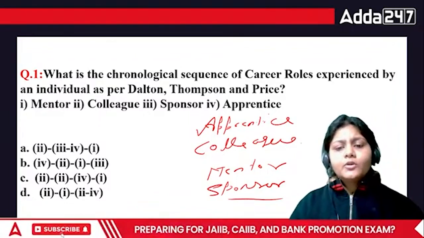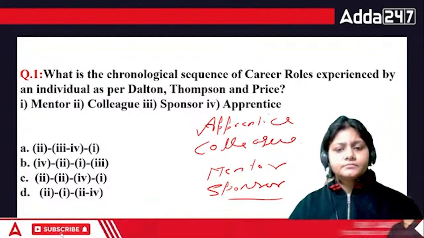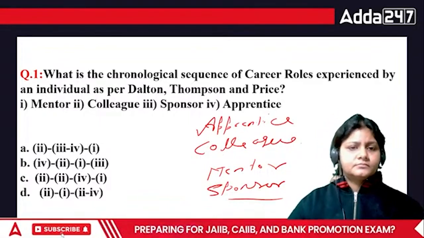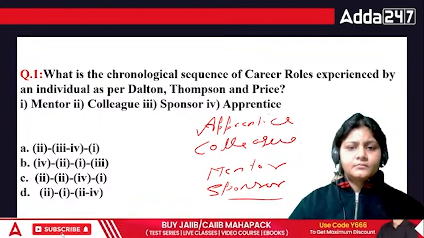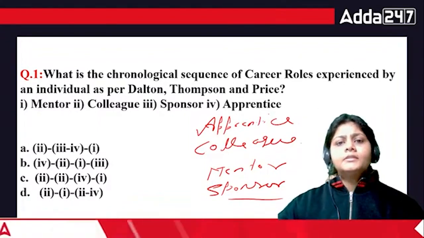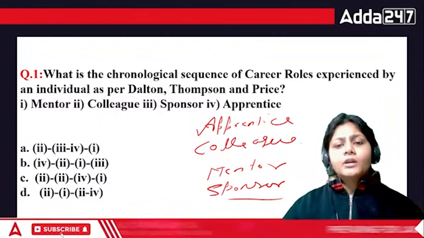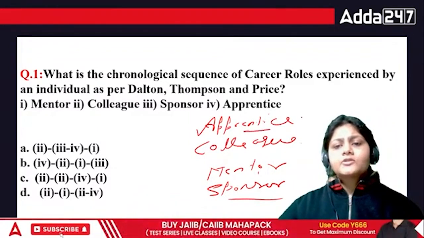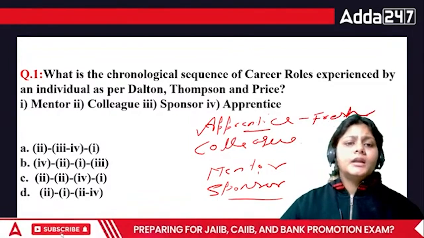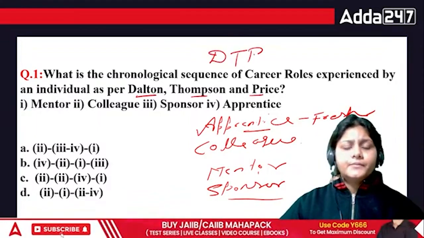So when we are talking about the Dalton Thompson Price career roles, apprentice is actually the fresher level. This role model is given by Dalton Thompson Price. In short, we can call it DTP, right?